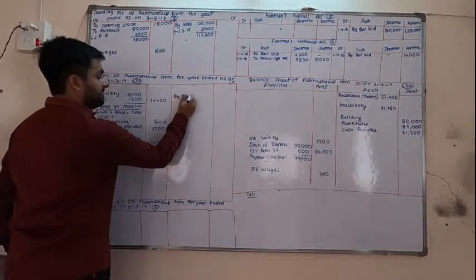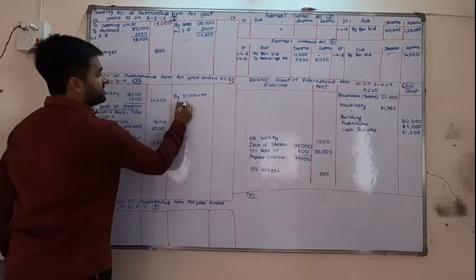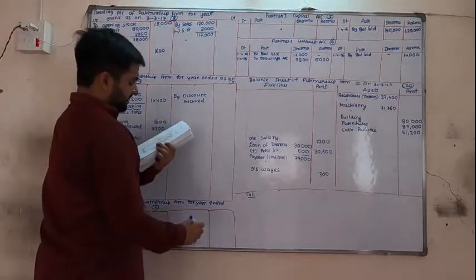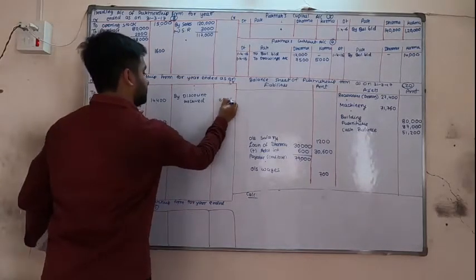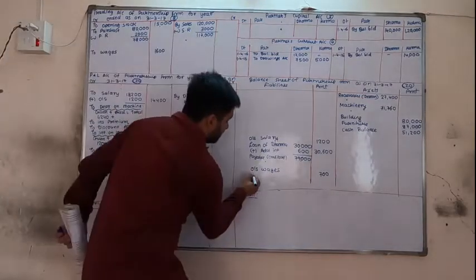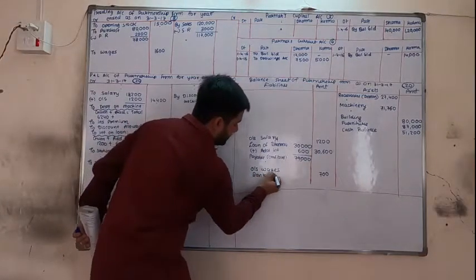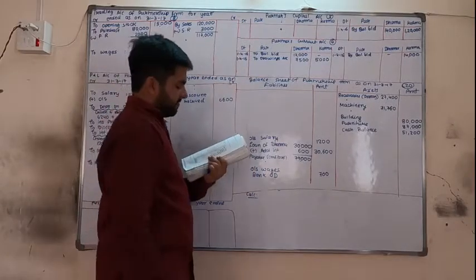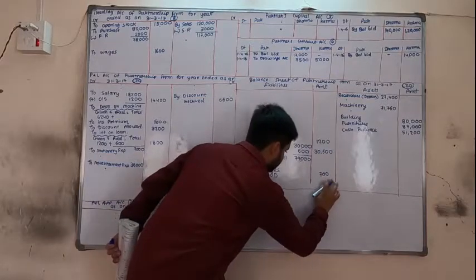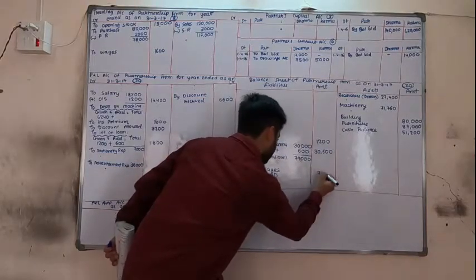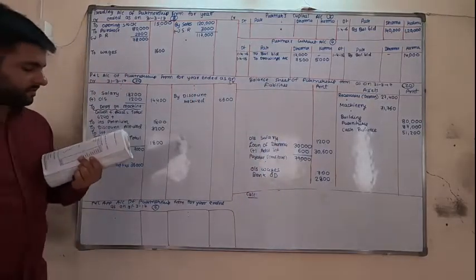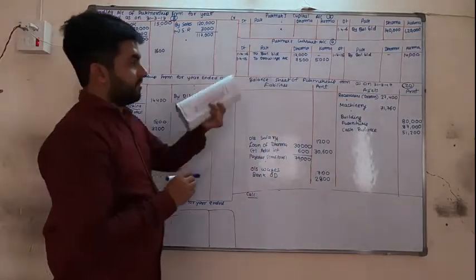So on the credit side, after leaving 2 lines, by discount received, income is 6600. Next, bank overdraft is our liability. So on the liability side, bank OD, the amount is 2,800. And last, current account, Karma, we have already written.